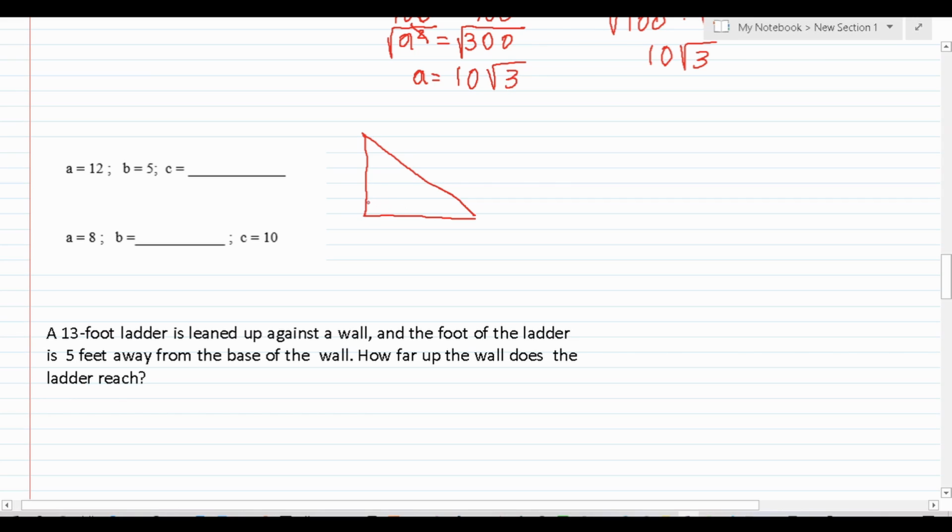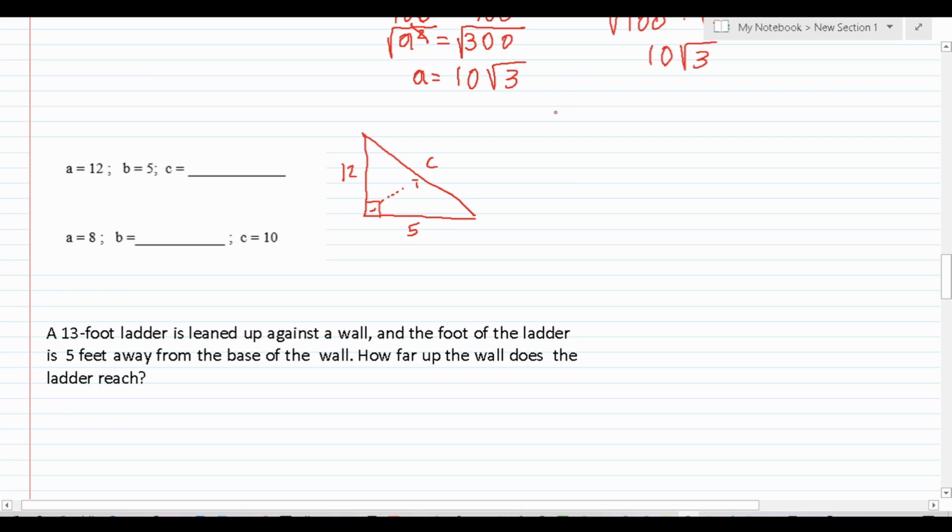And I'm going to indicate that this is a right triangle with that symbol. We're given a and b, which of course are the legs of the triangle. So I know this can be 12 and this can be 5. It really doesn't matter how you label the legs, as long as you get them on there. And then of course, this is the most important part. Always across from the right angle, you have your hypotenuse, or c.